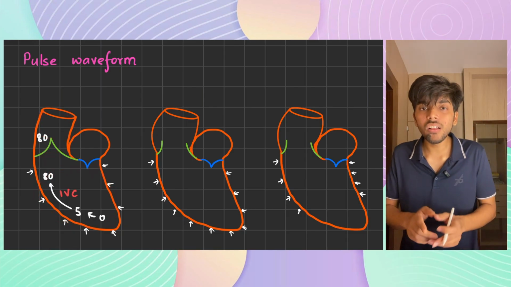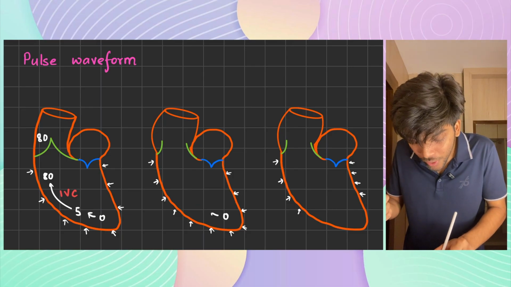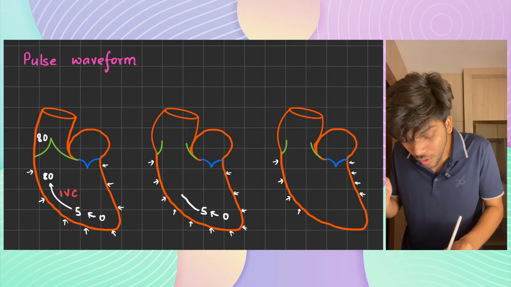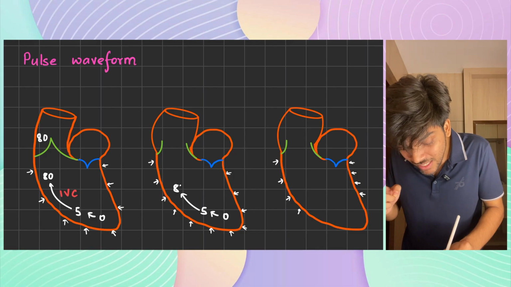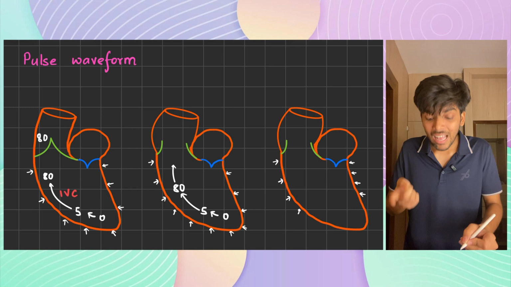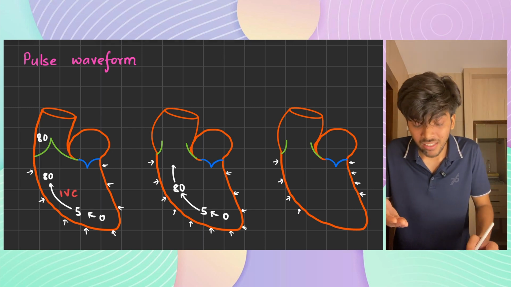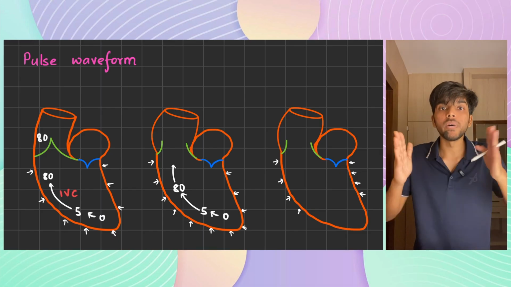As the ventricle continues to contract, eventually a point comes when the pressure inside the ventricle becomes greater than the pressure inside the aorta. As soon as that happens, the aortic valve opens.